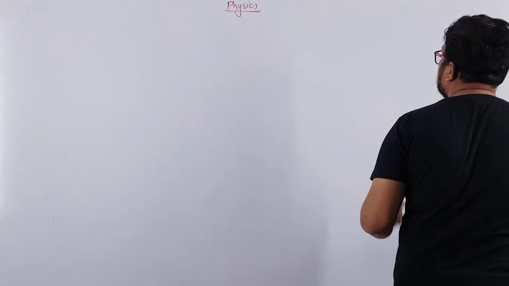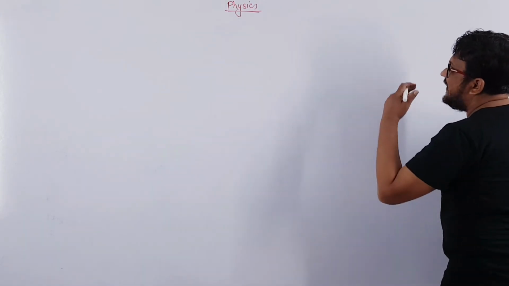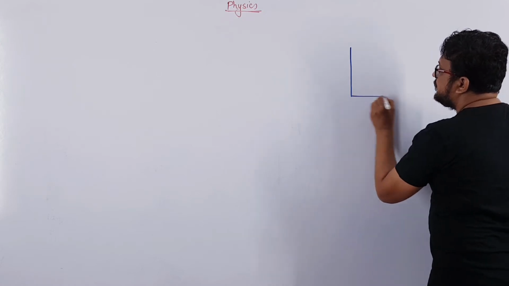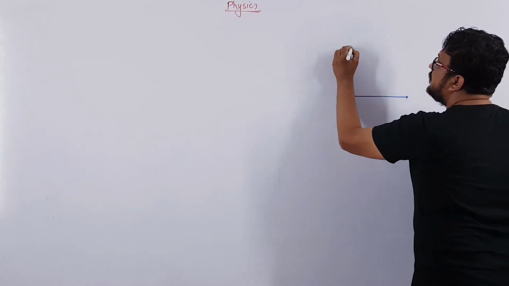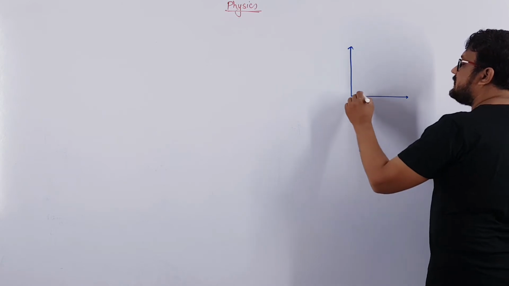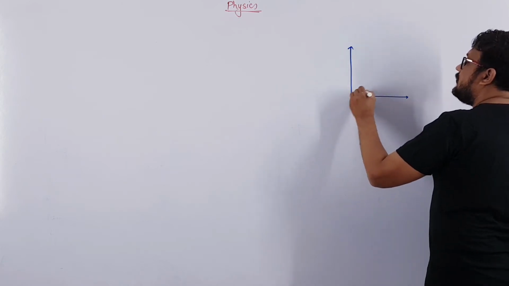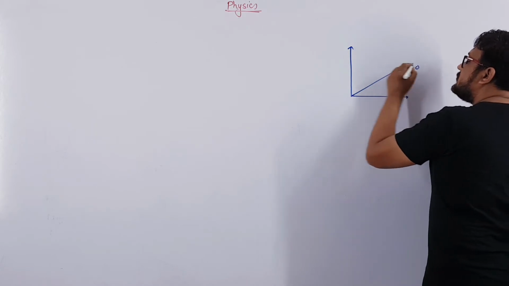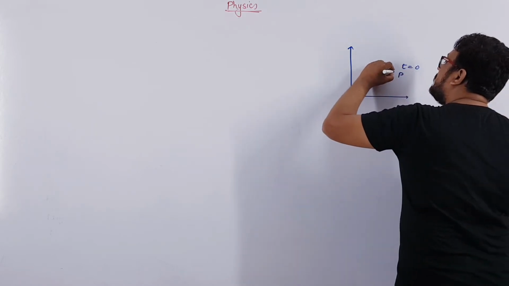So for that, let us say an object is moving along a circular path or any random path. Let us say here we have a particle at point P at time t is equal to 0. It is moving along a circular path like this, right?